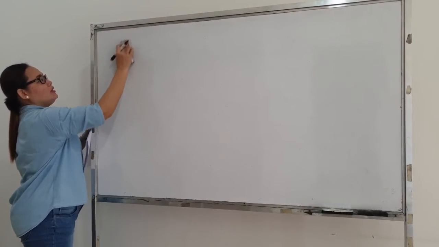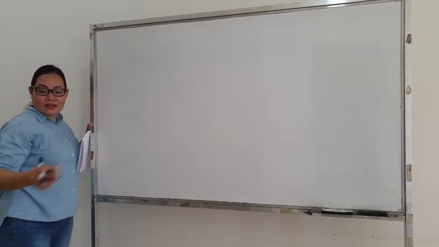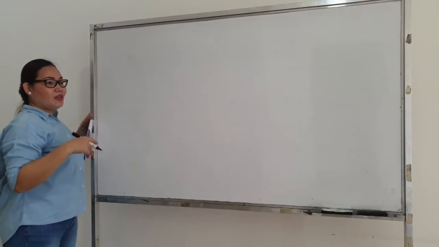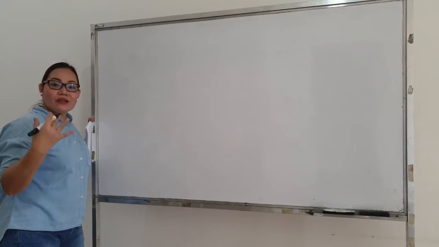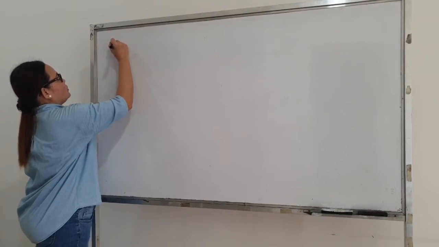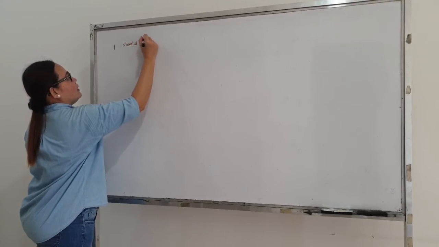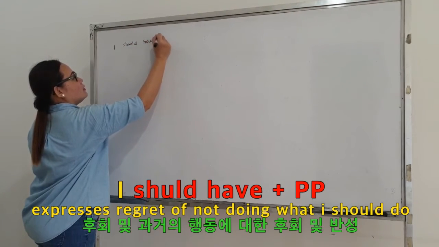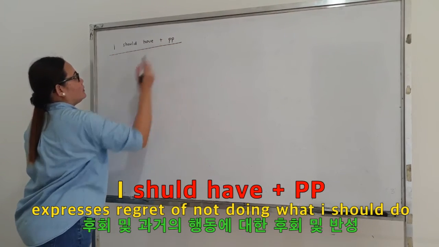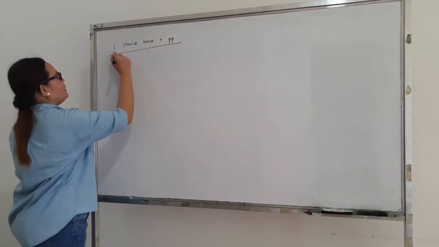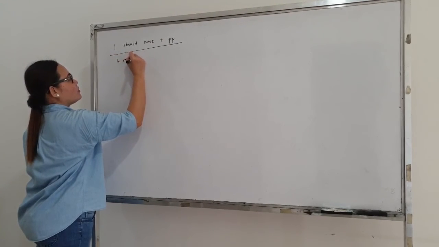When you hear them, or maybe in your case as well, you have already said that before, this kind of pattern expresses more of a regret. So, I should have plus PP. In this case, it expresses more of a regret of not doing something.